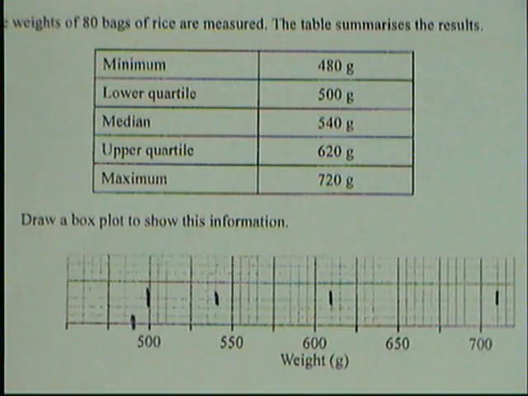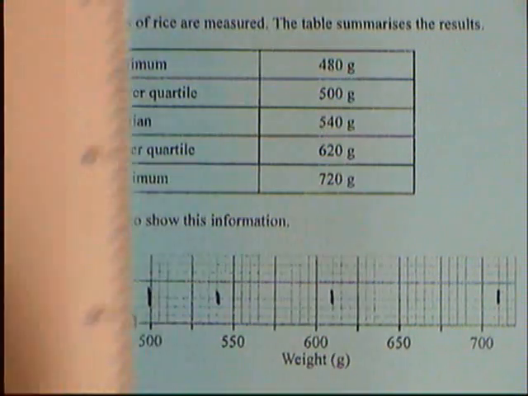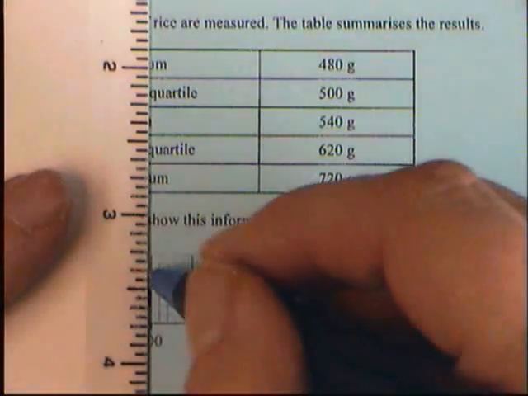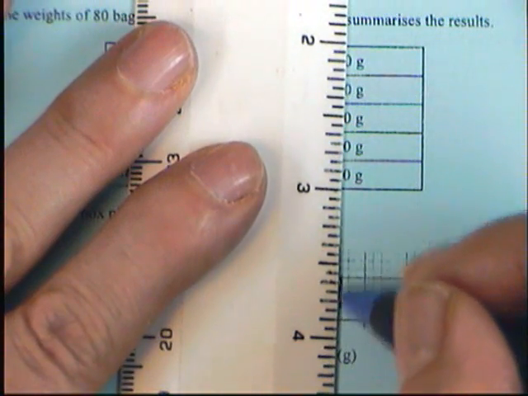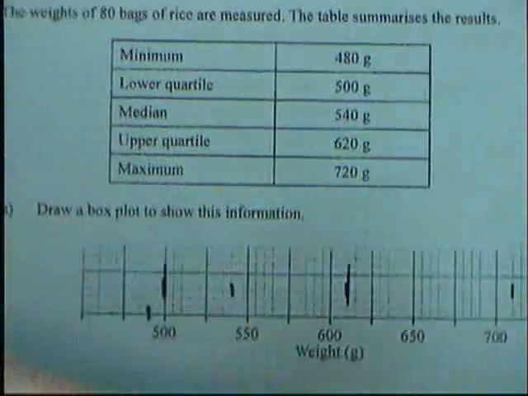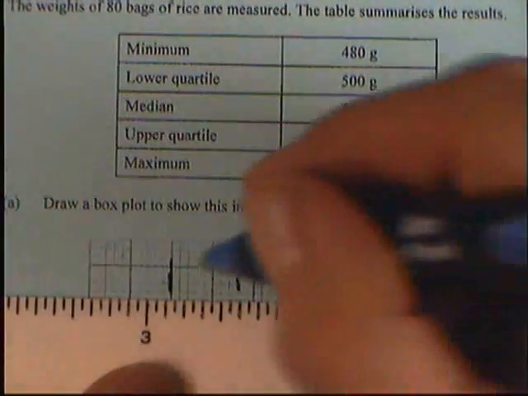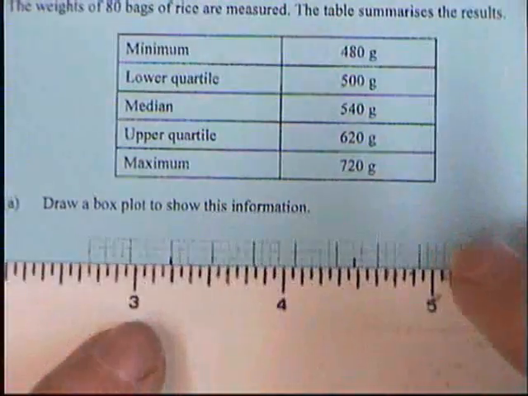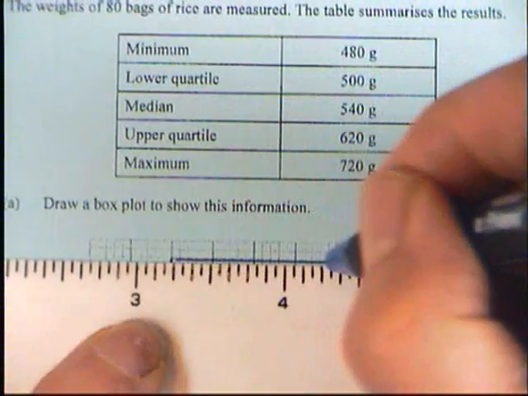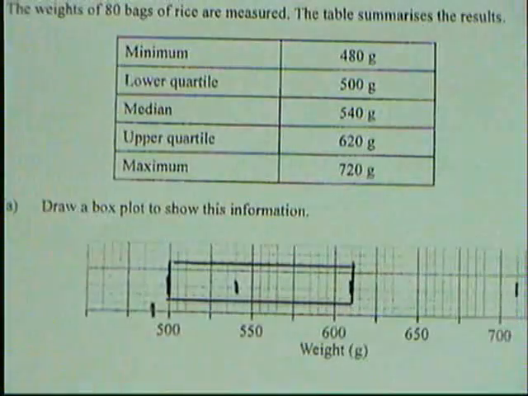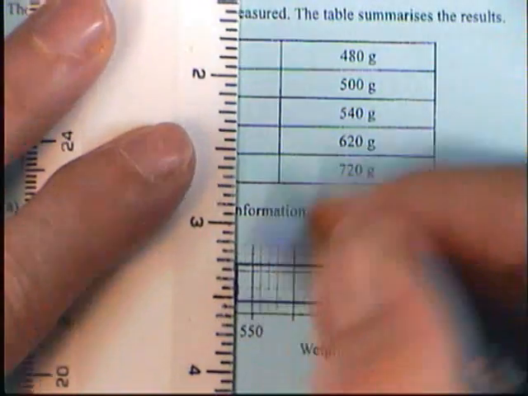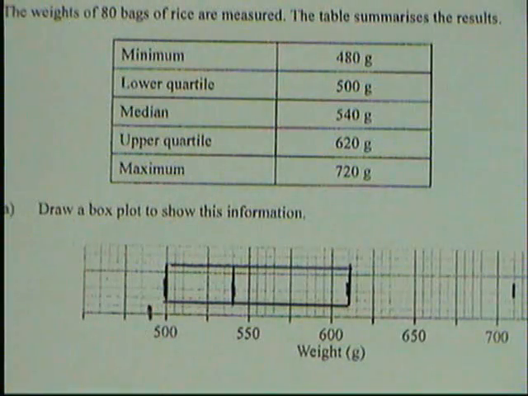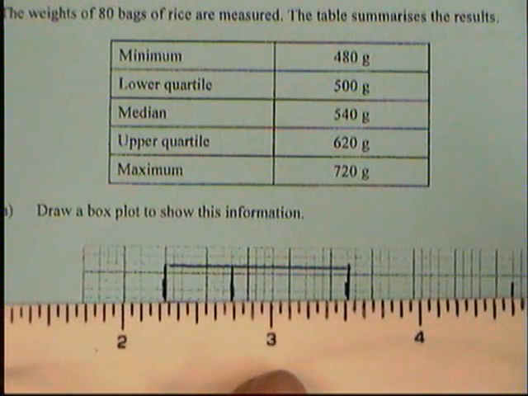Now, to draw a box plot, what we do is draw a box around the lower and the upper quartiles. I'm just going to draw that box. And then the median is drawn in its position, and then you draw the box out to the maximum value, just drawn here.